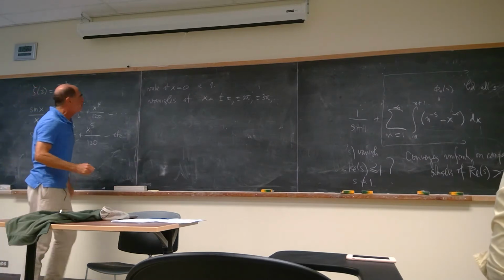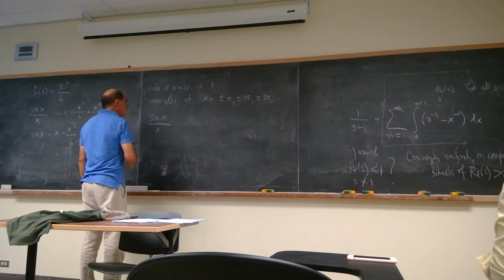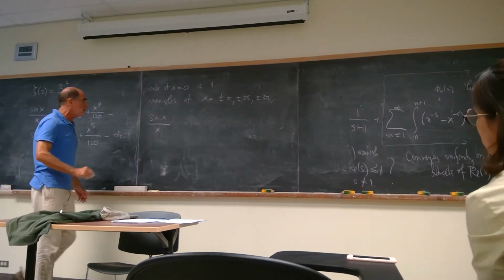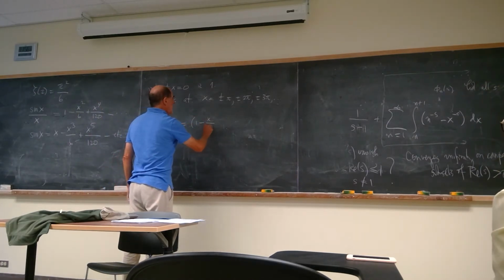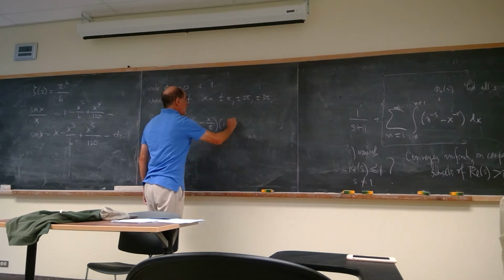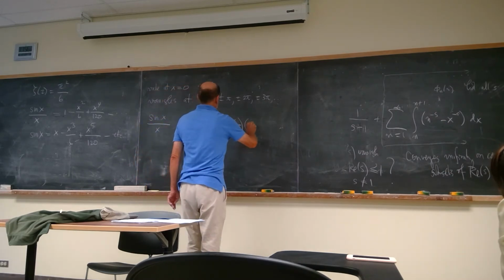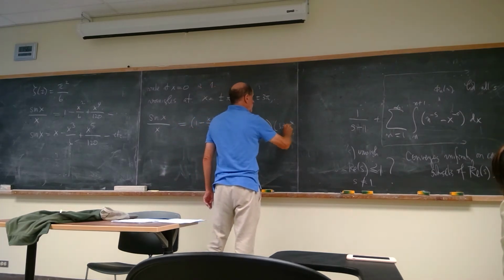So therefore, Euler felt that if things worked for functions with an infinite number of zeros as well as they worked for polynomials, maybe this would be (1 minus x over pi)(1 plus x over pi)(1 minus x over 2 pi)(1 plus x over 2 pi), etc.